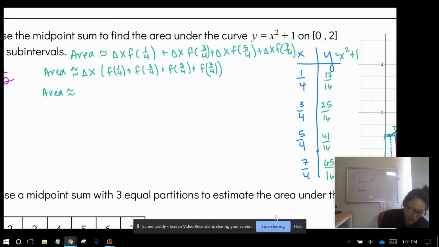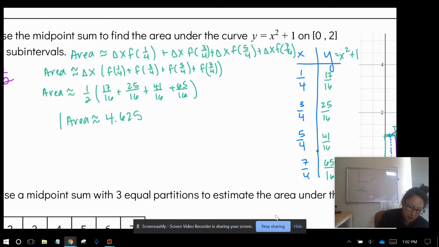I have delta x of 1/2 times 17 over 16 plus 25 over 16 plus 41 over 16 plus 65 over 16. And all said and done, when I simplify that, I get 4.625. So the area is about equal to 4.625.